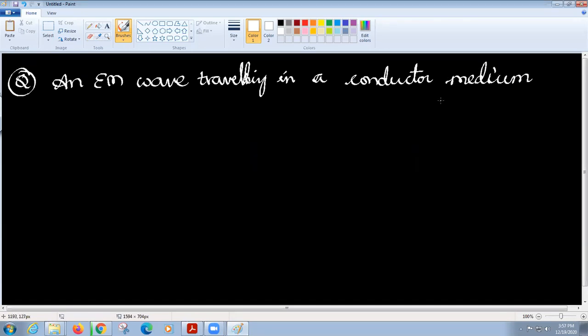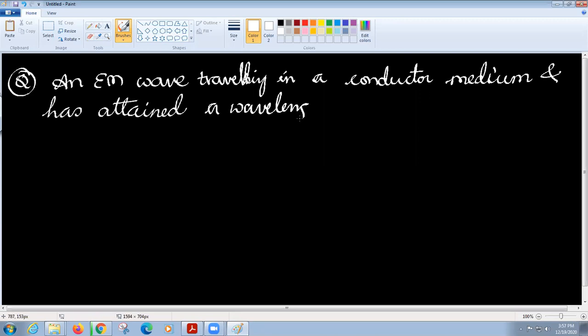Let's accept. An EM wave traveling in a conductor medium has attained a wavelength of lambda at a frequency, say f1.